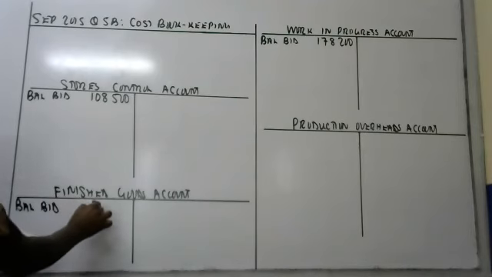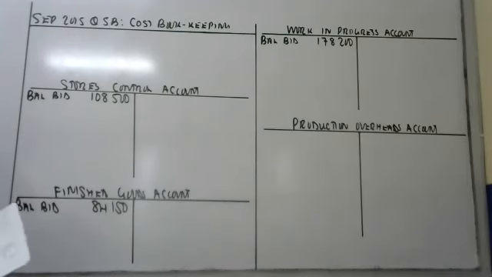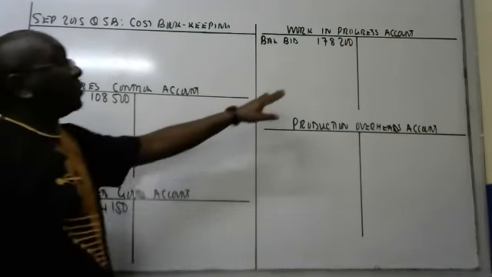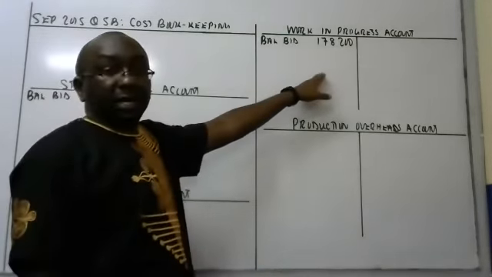Then we are told transactions for the month is that cost of finished goods were that. So when goods are finished, they are finished from the work in progress, because this is where production takes place.